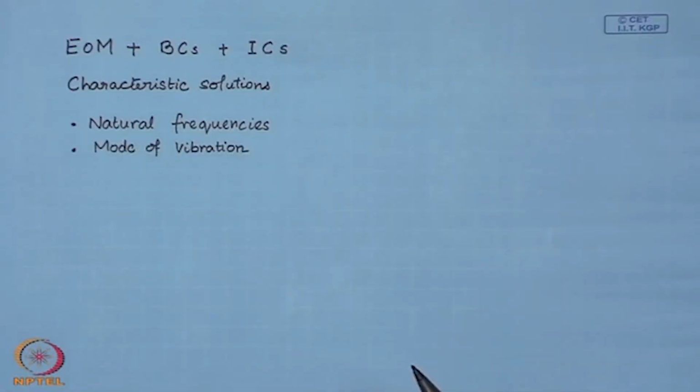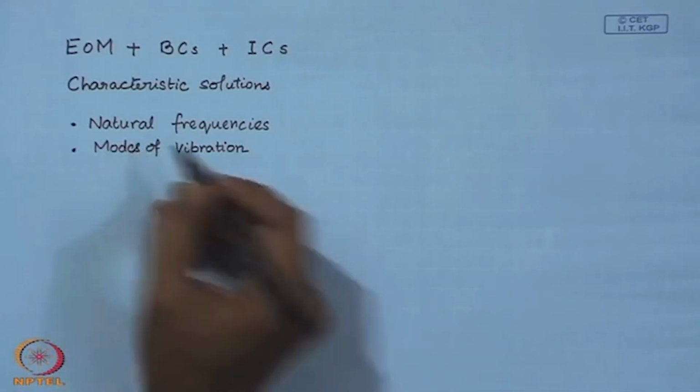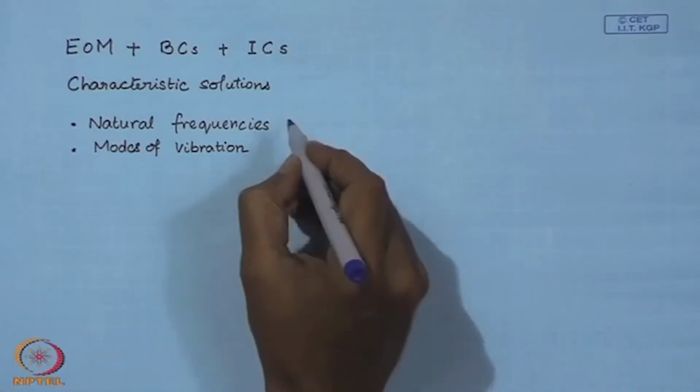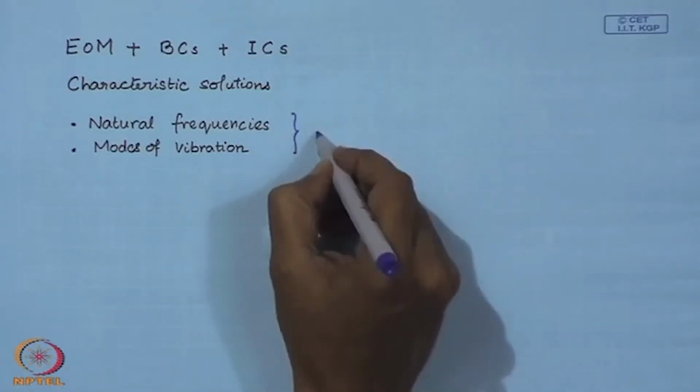So, one thing is the natural frequencies and the corresponding modes of vibration of the system. These two constitute the characteristic solutions of the system, and finding them out is known as modal analysis.